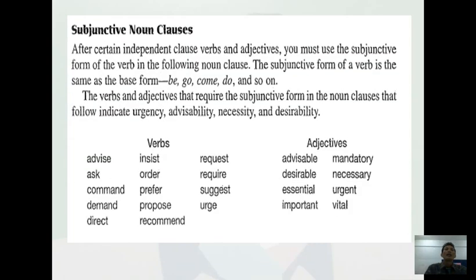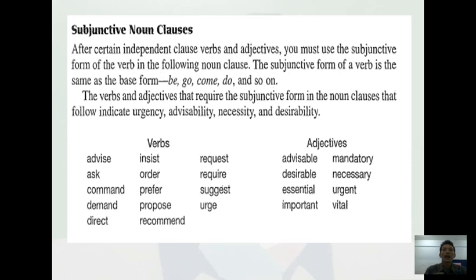Okay. And for the subjunctive noun clause, after certain independent clauses, verbs and adjectives, you must use the subjunctive form of the verb in the following noun clause. The subjunctive form of a verb is the same as the base form: be, go, come, do, and so on.